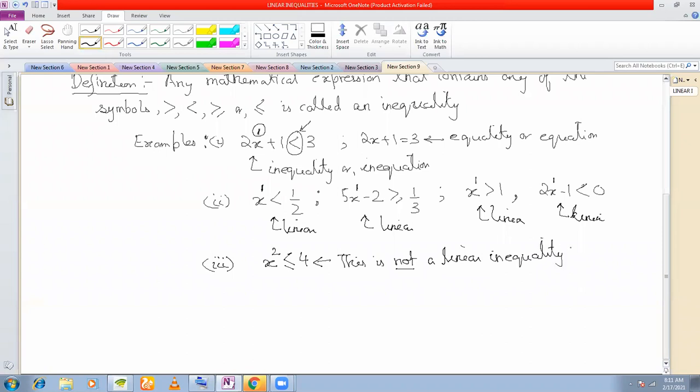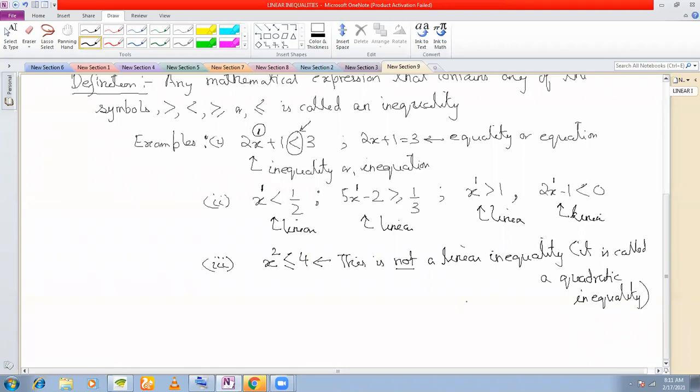In fact, it is called a quadratic inequality, which you don't have for the time being. Okay, so that's the definition.